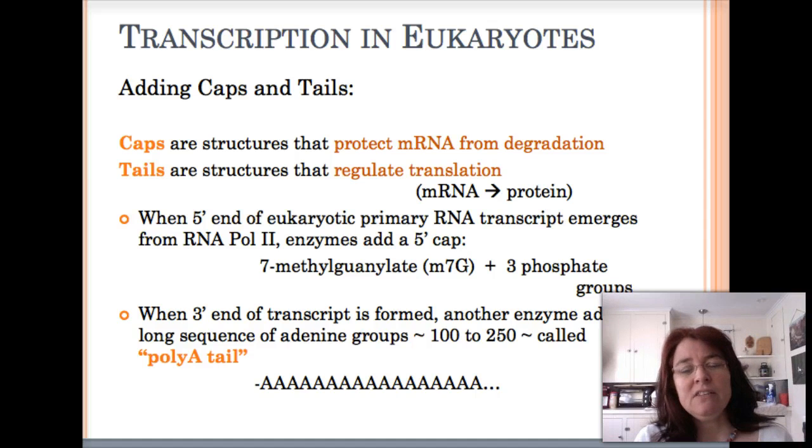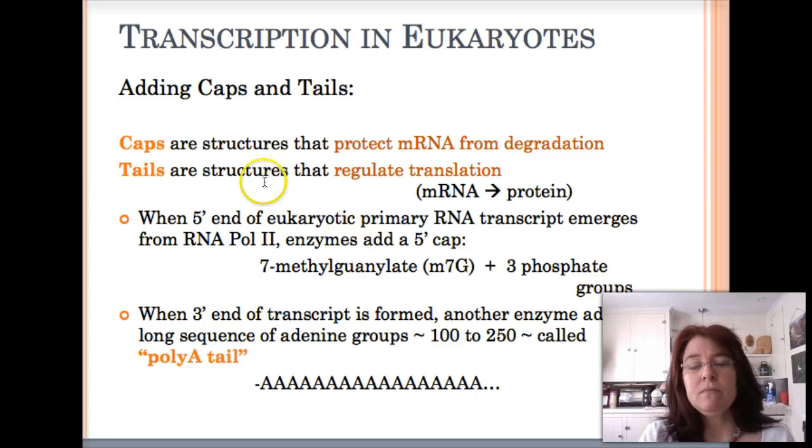And that's one of the things that the cap does, it protects it so it can finish its work. The tail on the other end of the molecule is going to help regulate translation. Remember, translation is the process where this mRNA molecule is used to make a protein.